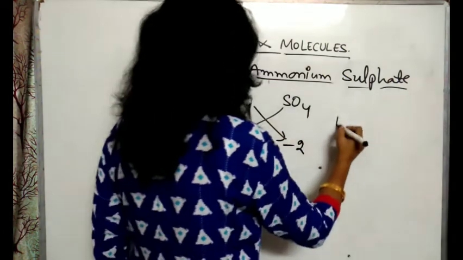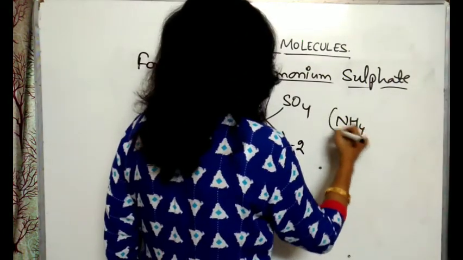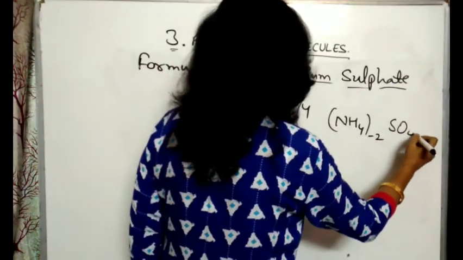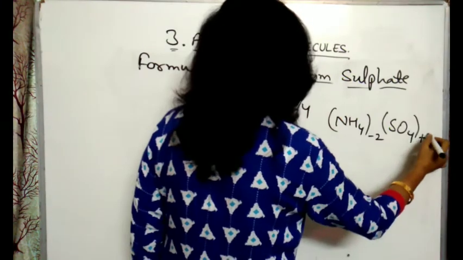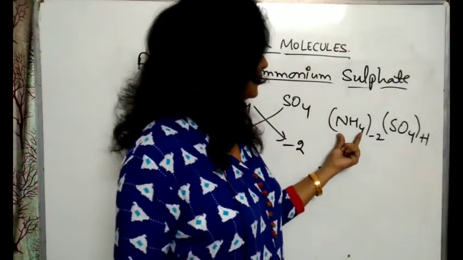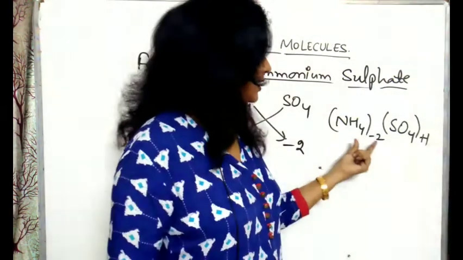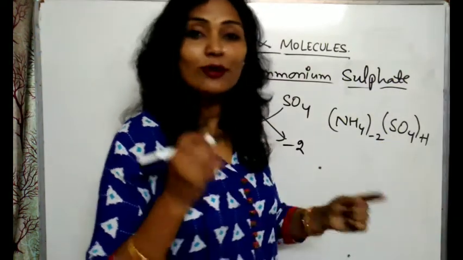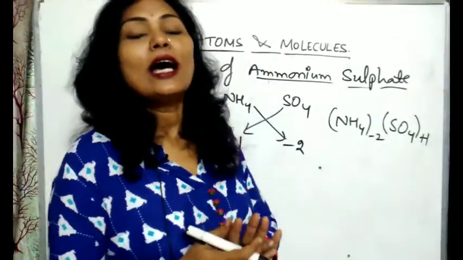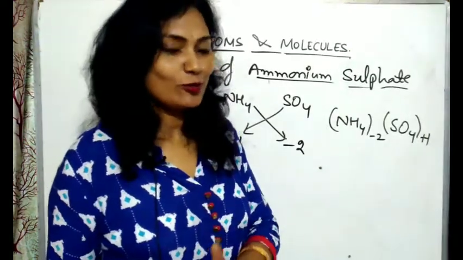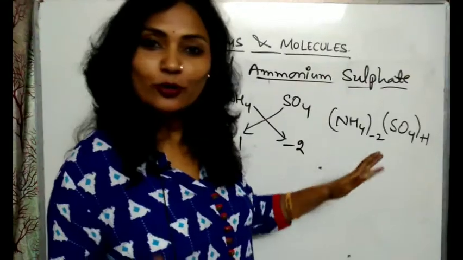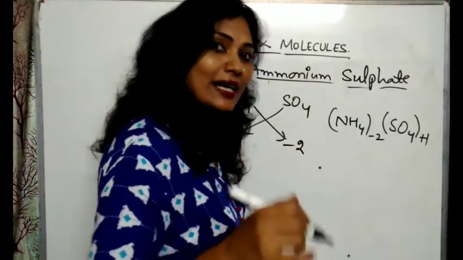the valency, then write NH4 whole bracket -2, SO4 whole bracket +1. Listen, you can just see it here, that whole bracket is there and after the bracket 2 is there. If 1 is there, I have told you to remove that one, ignore that one, and you will remove the bracket also. But if it is more than 1, then don't remove the bracket, it will come as it is.